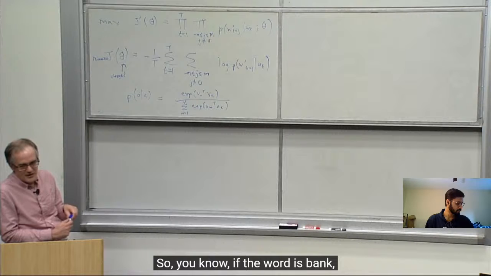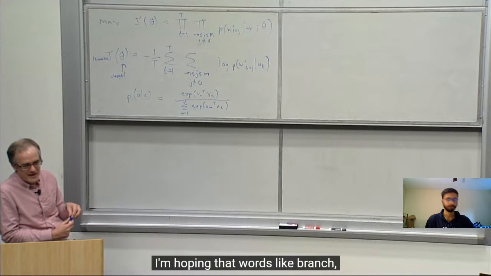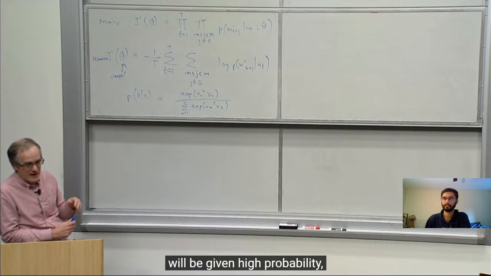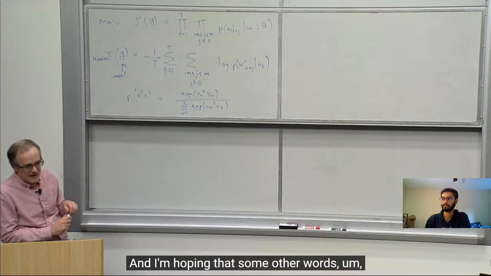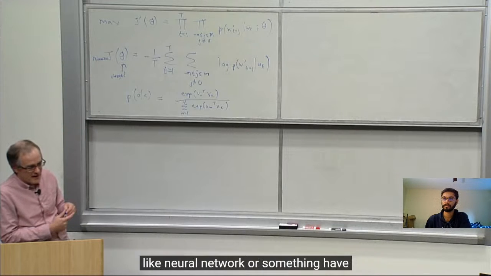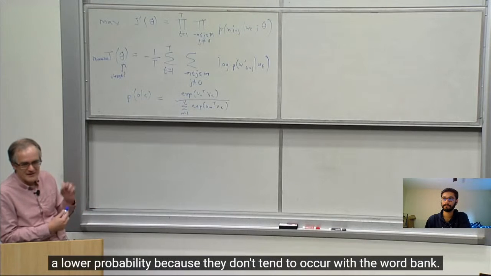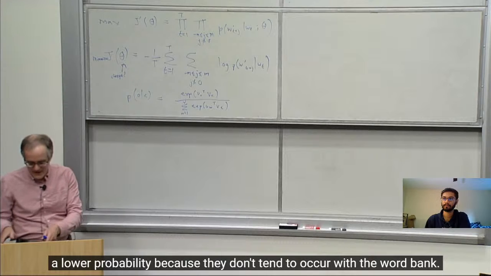So if the word is bank, I'm hoping that words like branch and open and withdrawal will be given high probability because they tend to occur with the word bank, and I'm hoping that some other words like neural network or something have a lower probability because they don't tend to occur with the word bank.